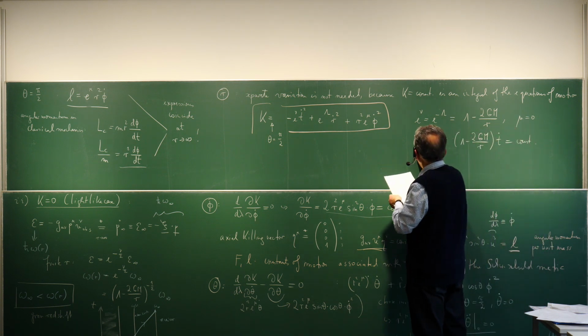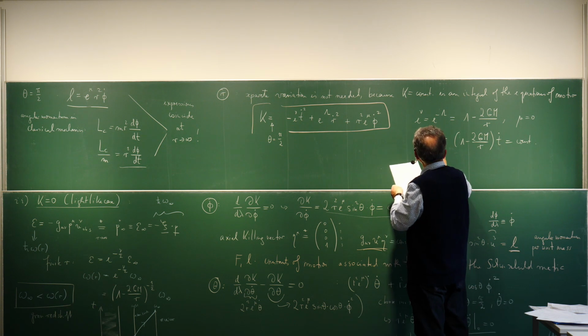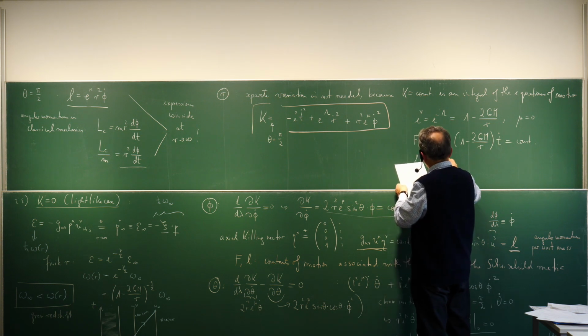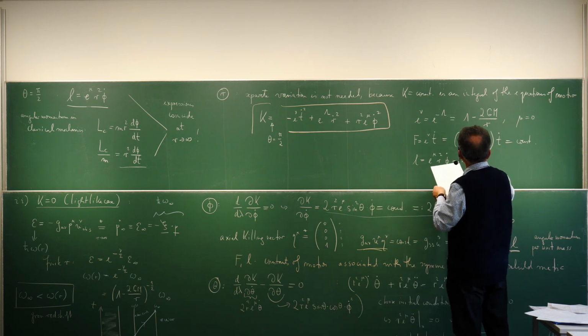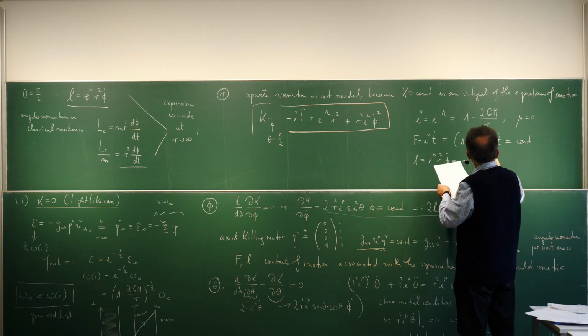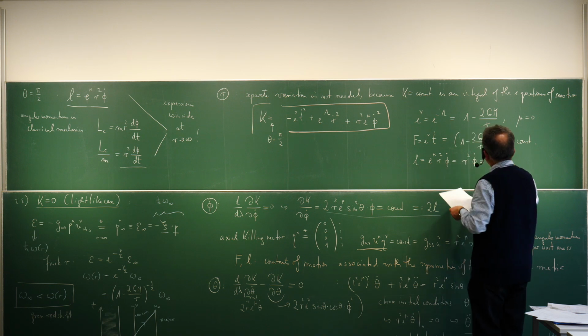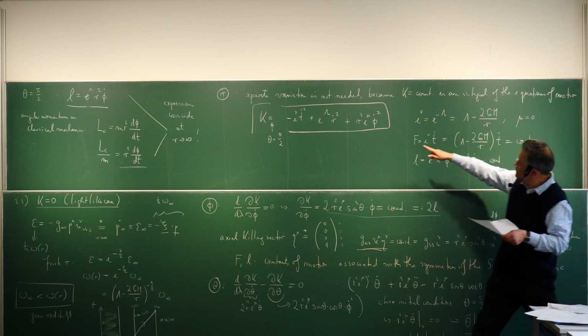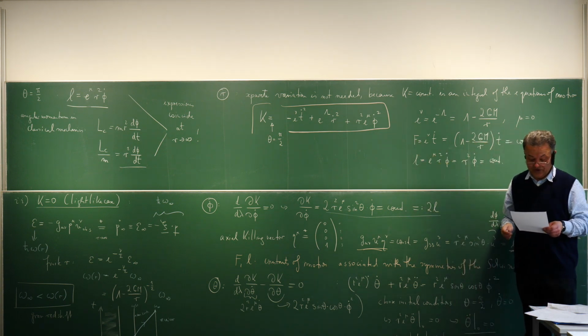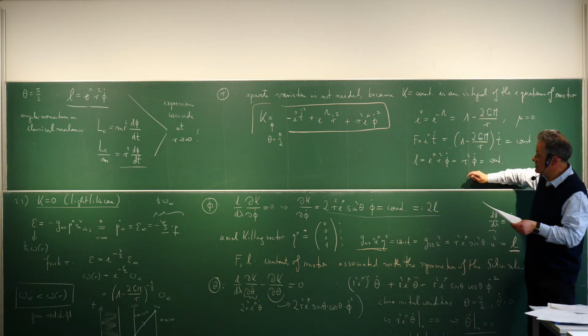And we have L, which is e to the mu r squared phi dot, which here is just r squared phi dot, and which is constant. So you can replace the phi dot and t dot here by the conserved quantities F and L.